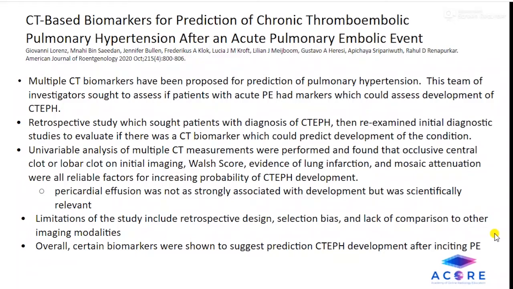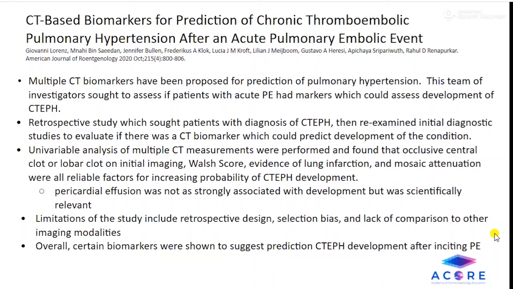Pericardial effusion was also found to be associated with a p-value of 0.017. Additionally, other signs that they investigated, such as the right ventricle to left ventricle diameter ratio, diameter of the pulmonary artery or the right atrium, right heart thrombus, had no association with development of future chronic thromboembolic pulmonary hypertension after acute PE.